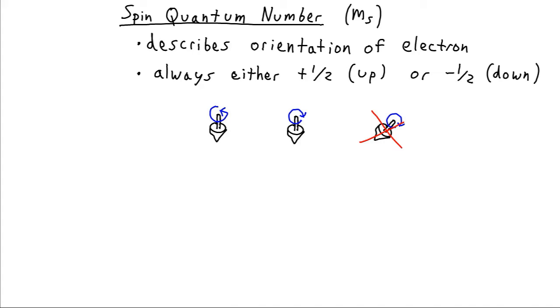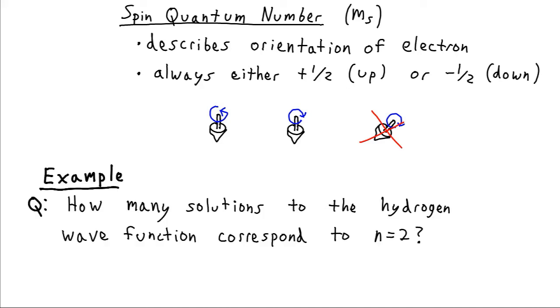Now let's consider an example of applying these quantum numbers. We might ask how many solutions to our hydrogen wave function correspond to the energy level where n equals 2. And for example, this would let us predict many of our spectral lines, being able to answer this question.